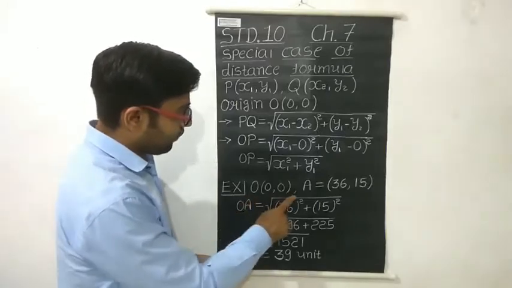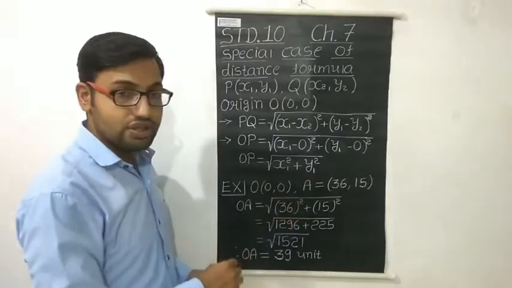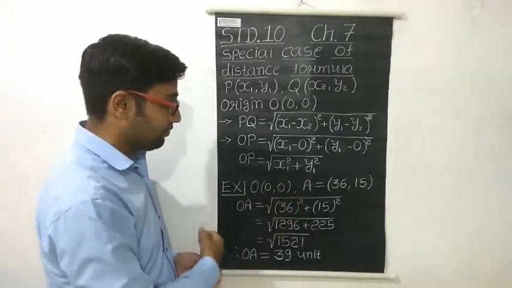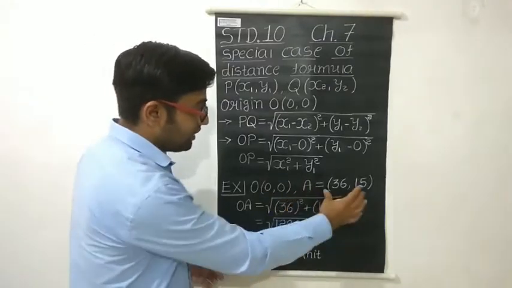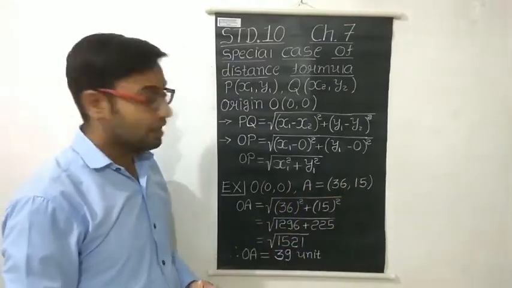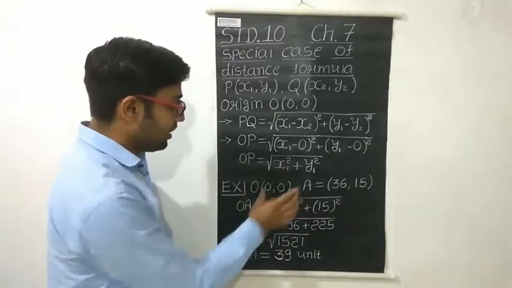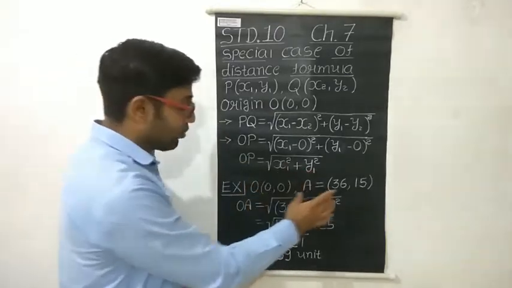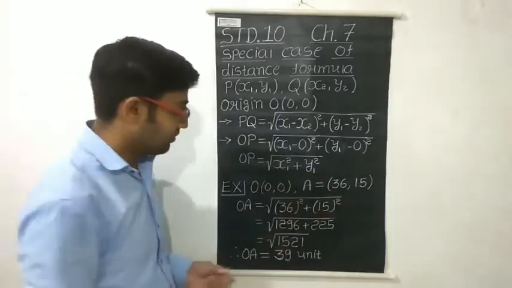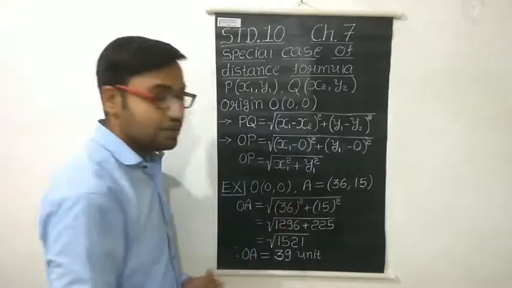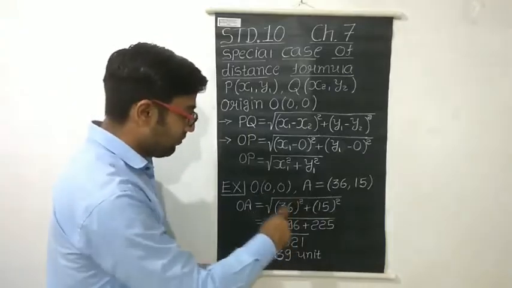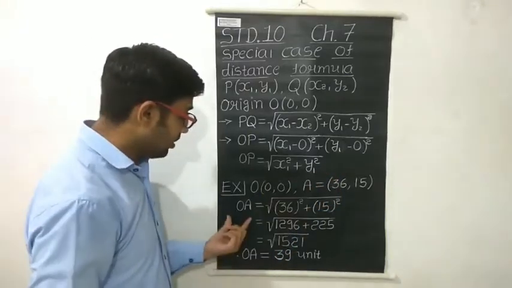Suppose we want to find the distance of point A from the origin, and the coordinate of A is (36, 15). So according to this formula, OA is equal to under root, we have to only consider the coordinate of point A, that is 36 square plus 15 square. By adding them and taking the square root, we get the distance.